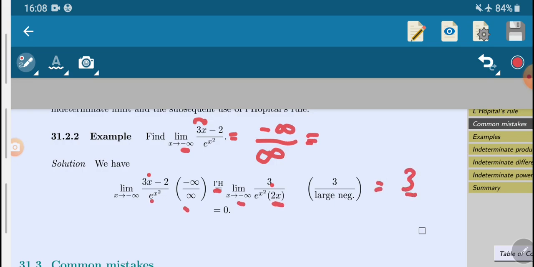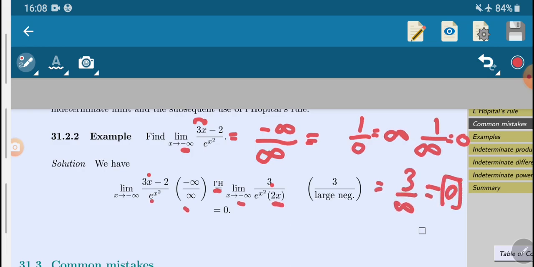So it's 3 over infinity. We know that 1 over 0 equals infinity, and 1 over infinity equals 0. So 3 over infinity equals 0. Thanks, we have a real answer, which is 0, instead of the indeterminate form before.